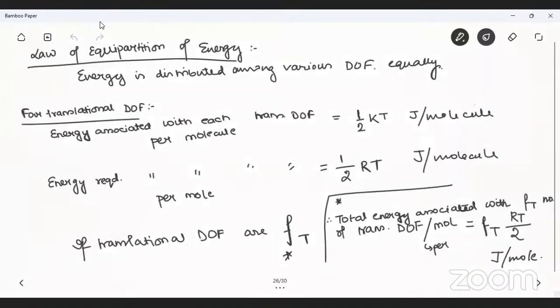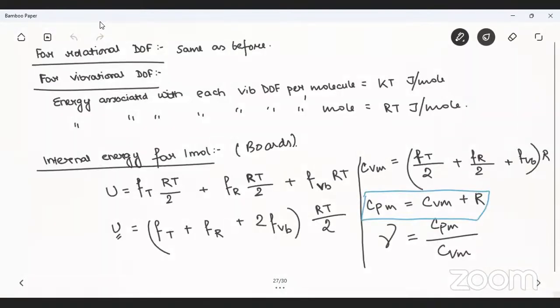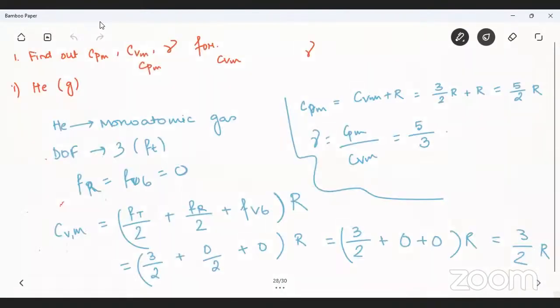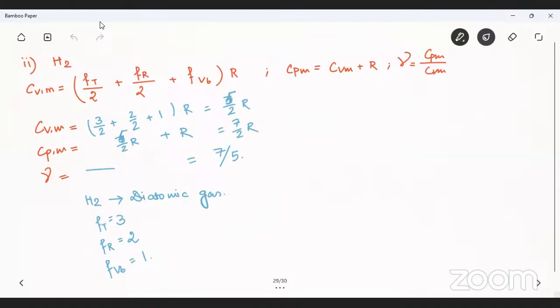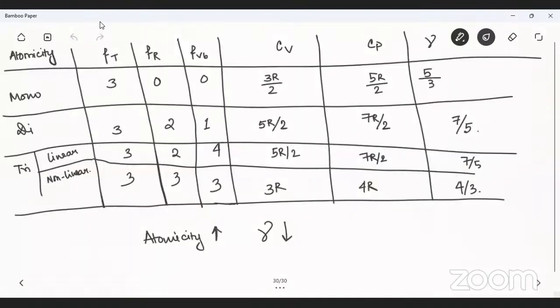So this is the degree of freedom and the internal energy for everything. Is this part clear? This is how you have to solve in your boards, NEET, IIT, JEE exams and everything.